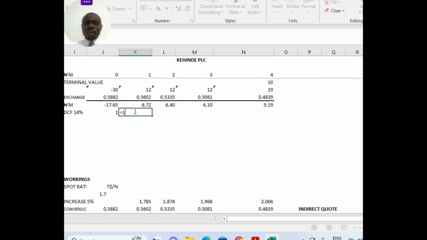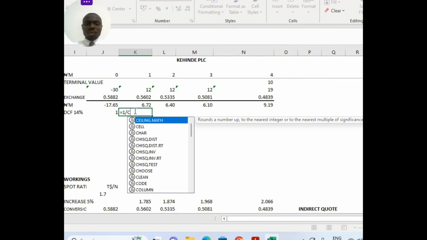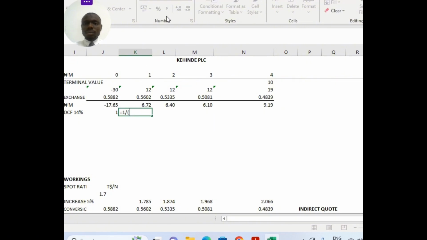We say equals to 1 divided by open brackets, 1 plus, open the parentheses, then plus 14%, that is 0.14, close the brackets, raised to the power of 1.